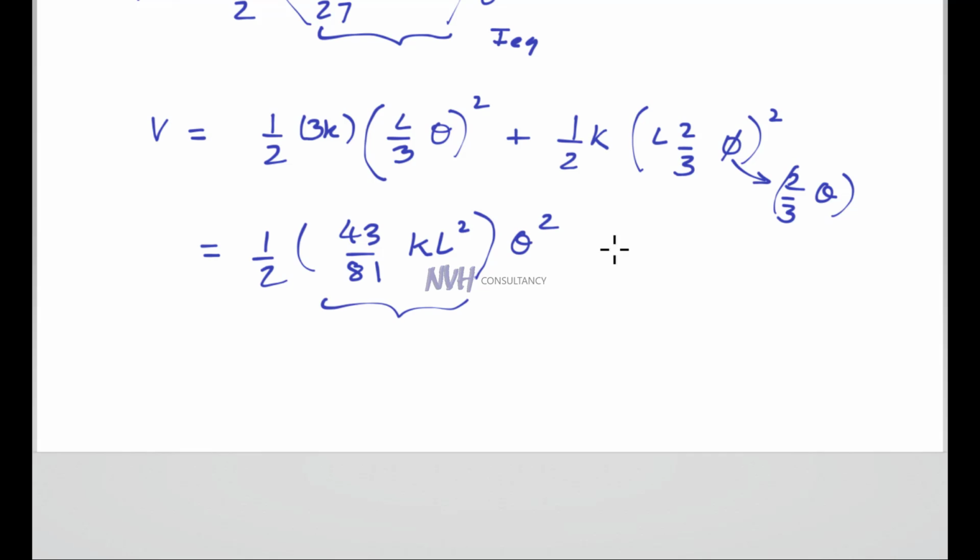This portion over here is the equivalent stiffness of our system. So these are the two answers. One is the equivalent moment of inertia or the rotational mass of our system, and this is the rotational stiffness of our system using the potential energy.